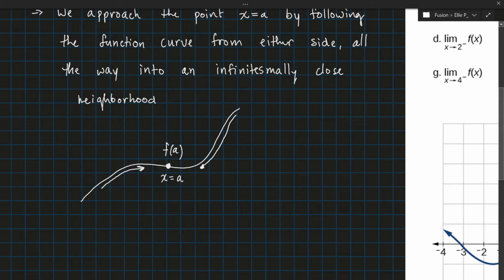And basically testing points all the way up until we get right on the outside of it. And when I say right, I mean like an infinite number of decimal places all the way up to that point. We're technically not testing at the point itself, though.